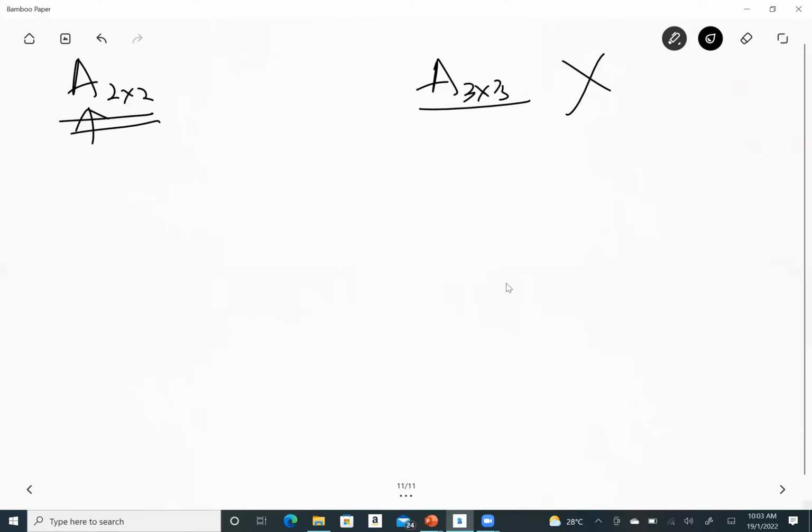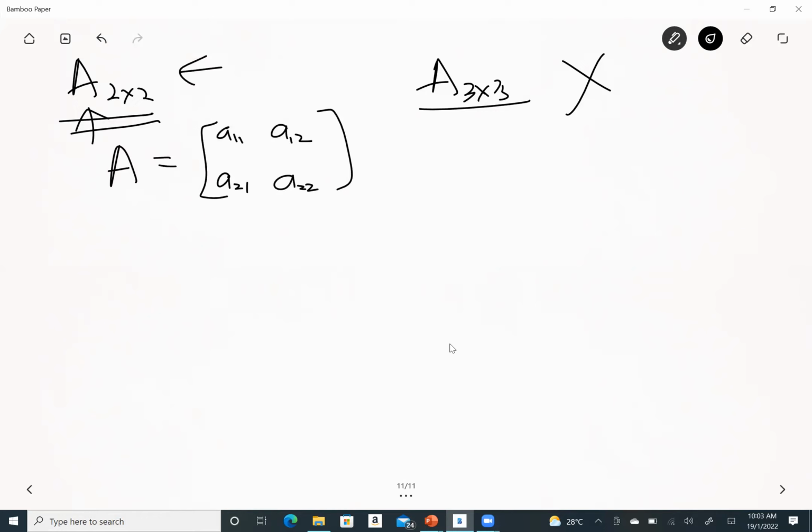I have some notes, but I don't think I will use them. So you only look at a 2 by 2 matrix. Now, let's say I have a 2 by 2 matrix, A equal to A11, A12, A21, A22. Now, what is the determinant of the matrix A?